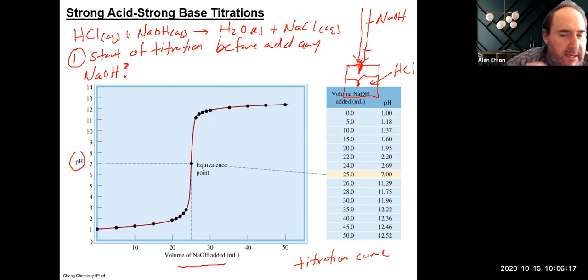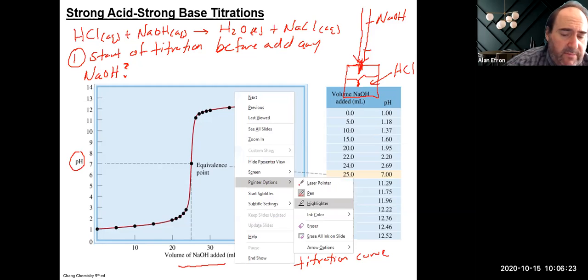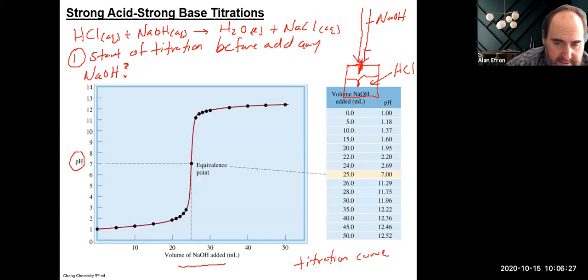At the start of this titration, the only thing that you have in that beaker is HCl. So you're going to start out here. You haven't added any sodium hydroxide yet. Your beaker is sitting with just the strong acid, which is HCl.